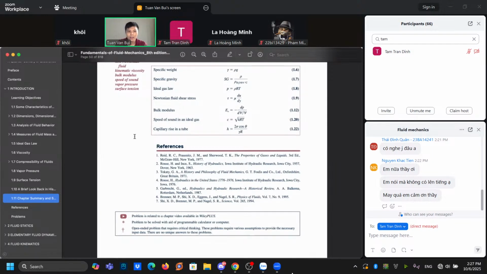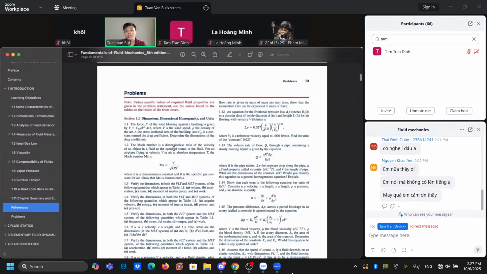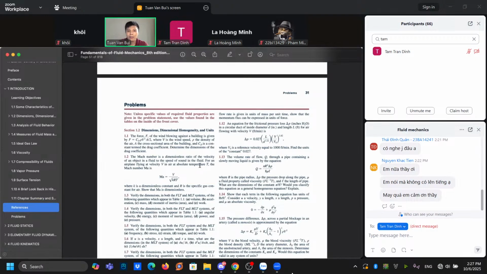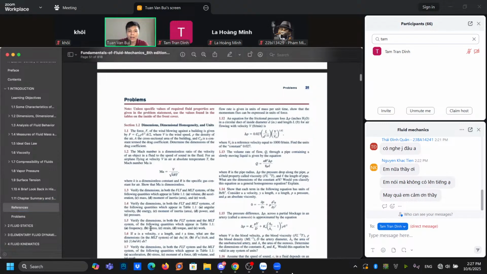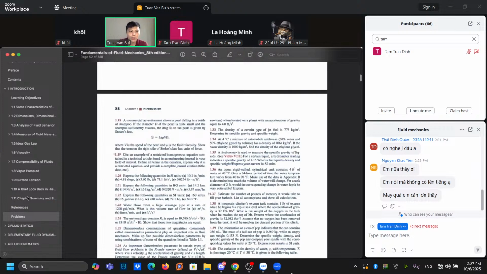And then you have the problems. For the homework, please pay attention. I will give some exercises as homework from this problems part. The page will be shown by the label on the top right or top left of the textbook, 32 for example.